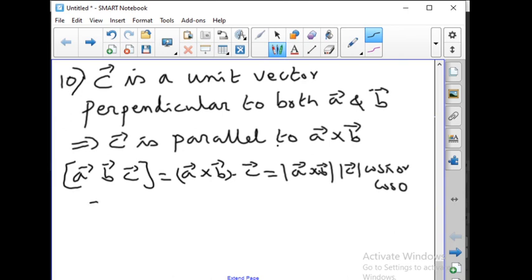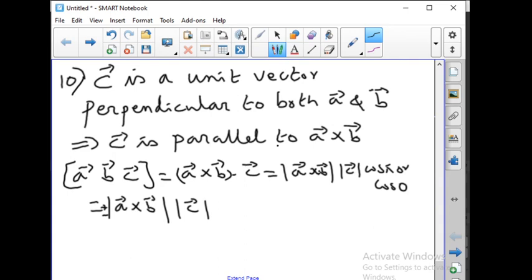So, now this is equal to modulus of A vector cross B vector into modulus of C vector, and we know that cos pi is minus 1 and cos 0 is 1. Therefore, we take this as plus or minus.